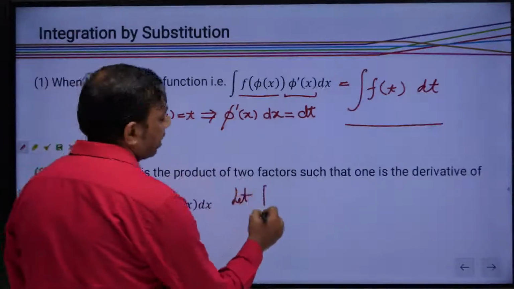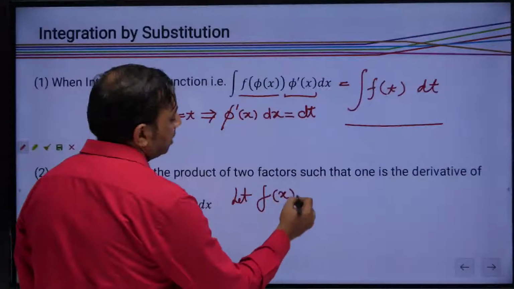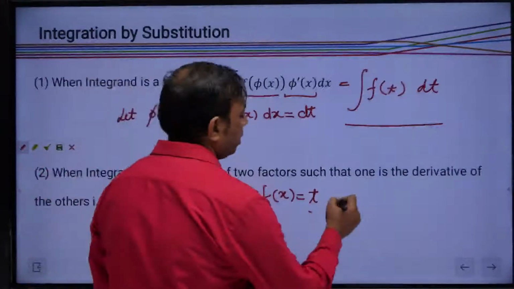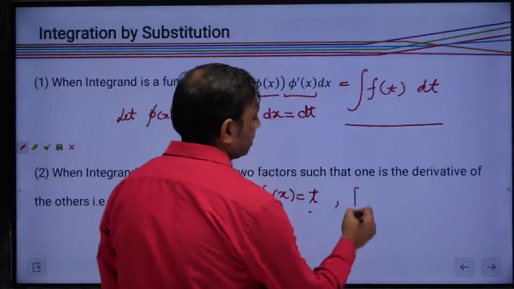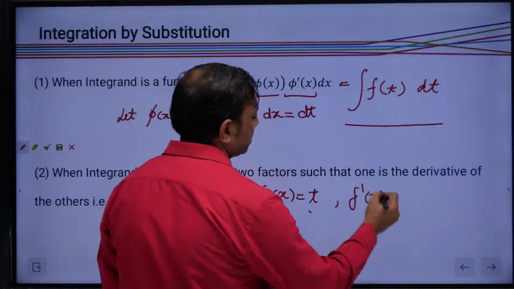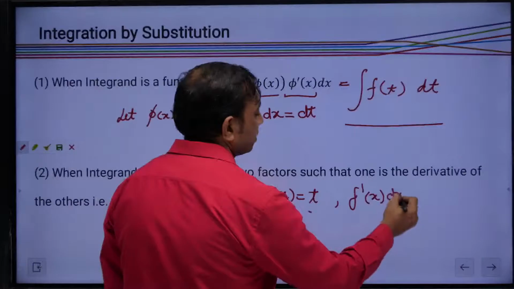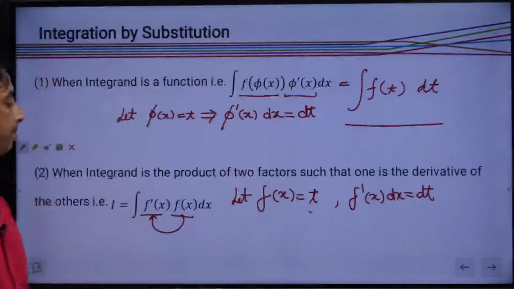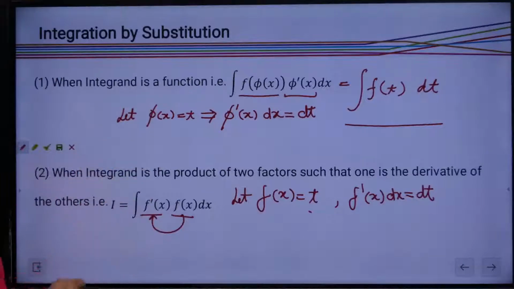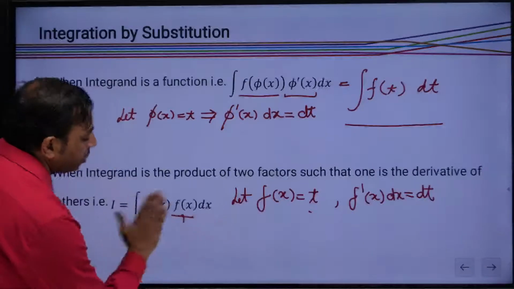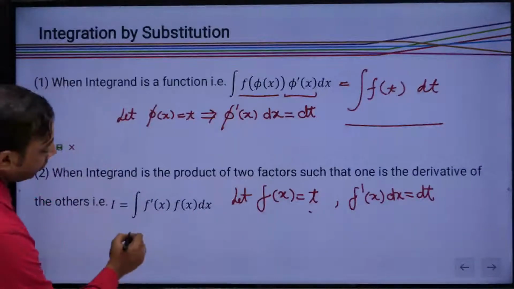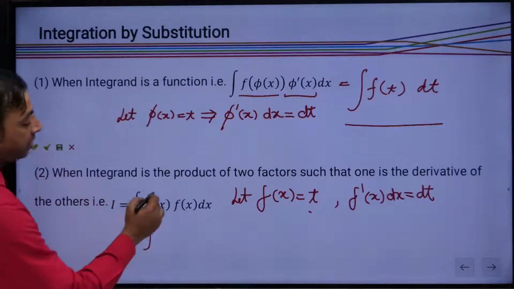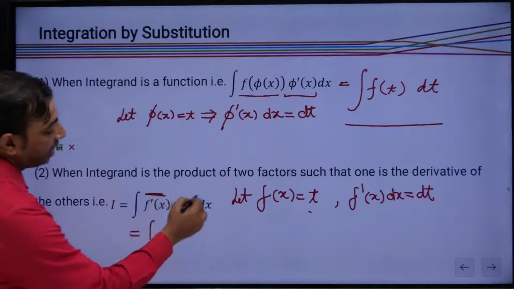We will assume f(x) as t, and when I assume f(x) equal to t, the differentiation will give us f'(x) dx will be dt, and when I use this substitution, here, what do I receive? I receive the integration of f'(x) and dx.